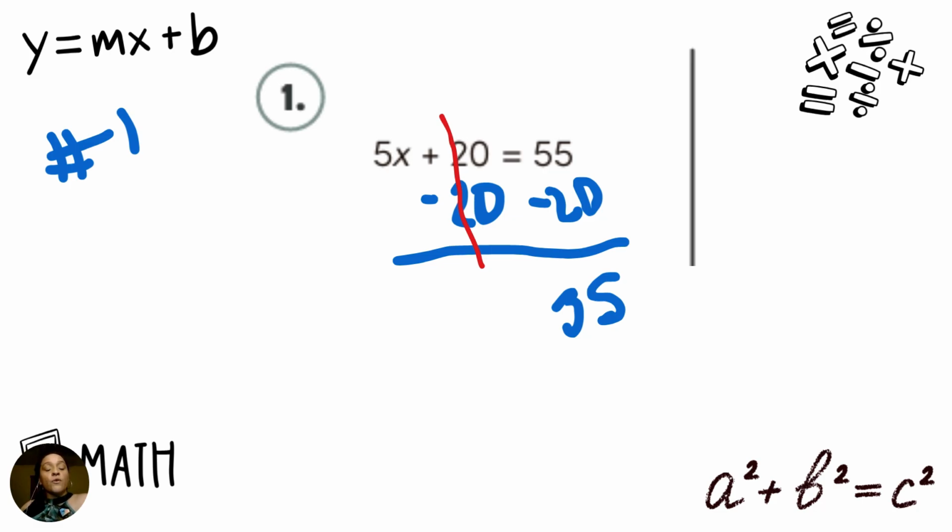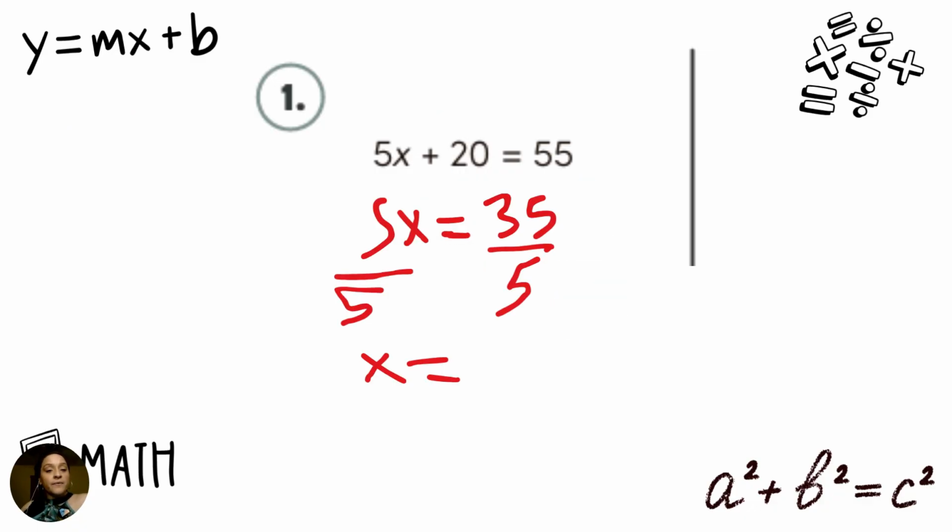In order to move it over, we have to make it the opposite, which is minus 20. So 55 minus 20 is 35. And then we're going to rewrite our equation to see what else we need to do in order to find x by itself.